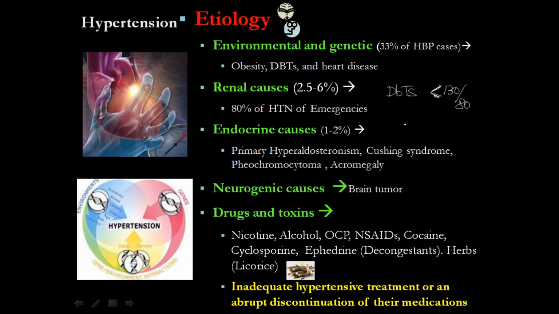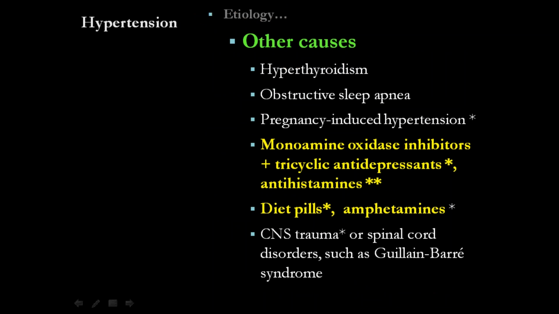In non-diabetic patients, in the rest of hypertension, you need to have the blood pressure less than 140 over 90. Okay, so that is about the considerations for hypertension.